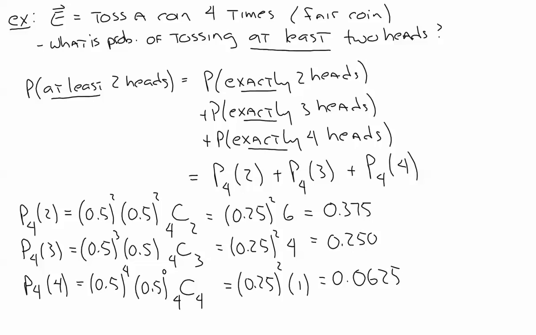All right, add all of those up, and I get 0.6875, or 11/16. All right, this result up here, when it's all said and done, add those up, and I get 11/16.